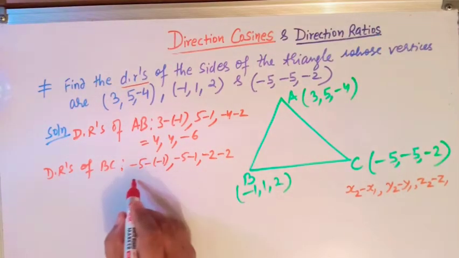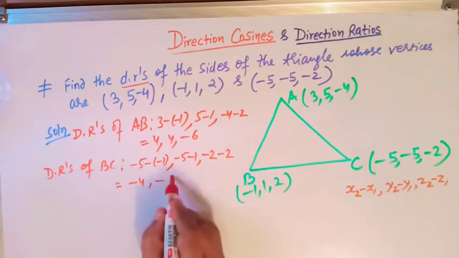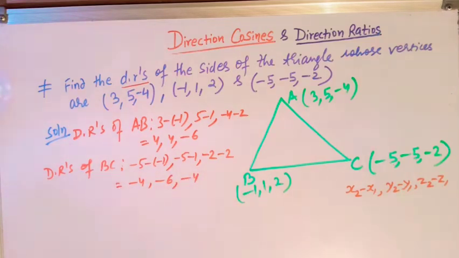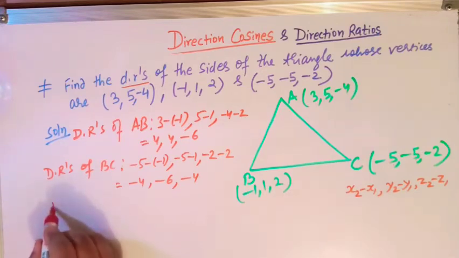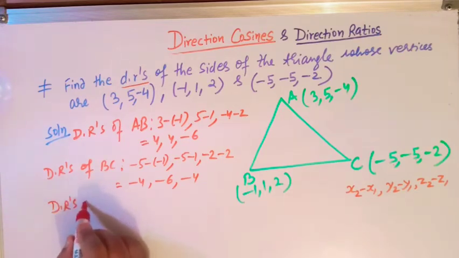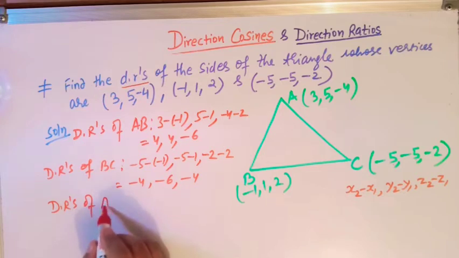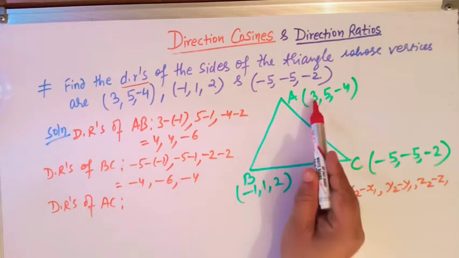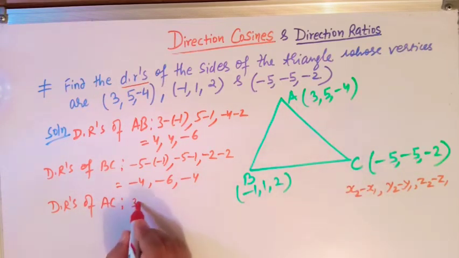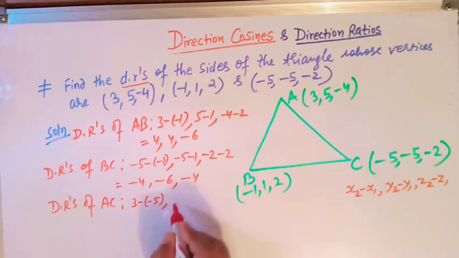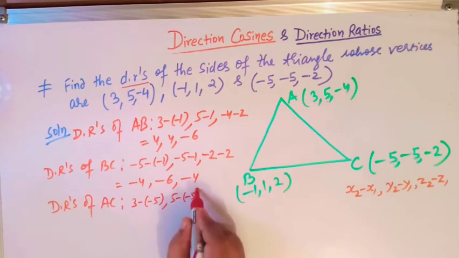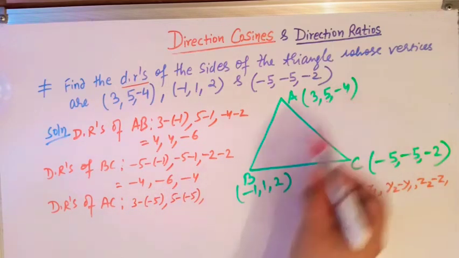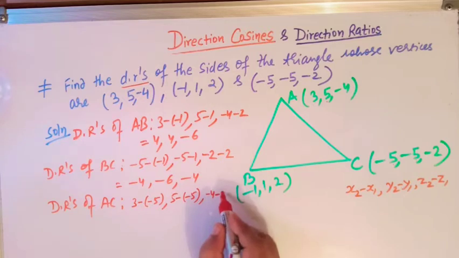So this is plus, so we have here minus 4, then minus 6, then minus 4, right? Now the DRs of AC are again x2 minus x1, so we have 3 minus minus 5, then 5 minus minus 5, and then minus 4 minus minus 2, right?